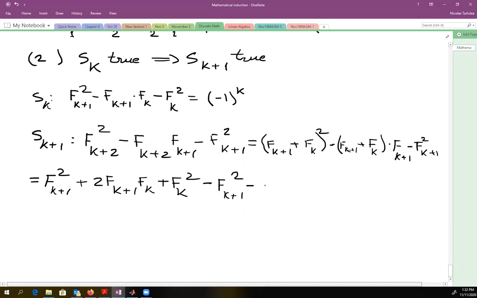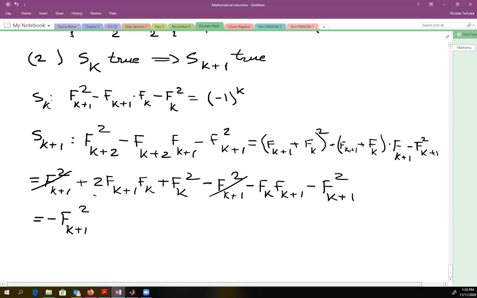Minus F_k times F_{k+1}. That's fine, this times this. Minus F_k squared. We have this cancellation, and what's left is just minus this term here, minus F_{k+1} squared.